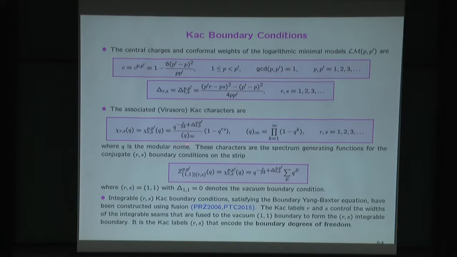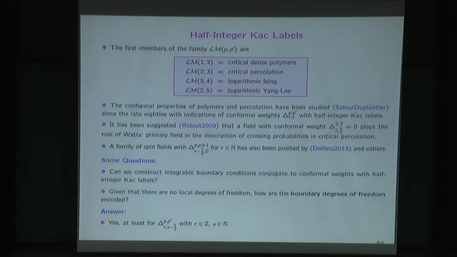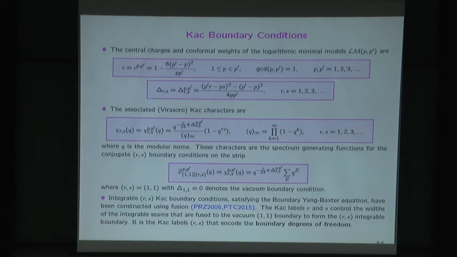When you set up such a system and look at the spectrum, you find that the conformal dimension that enters is precisely the conformal weight delta r,s associated with the (r,s) boundary condition, and this is just a reflection of such conjugation of operators and boundary conditions.